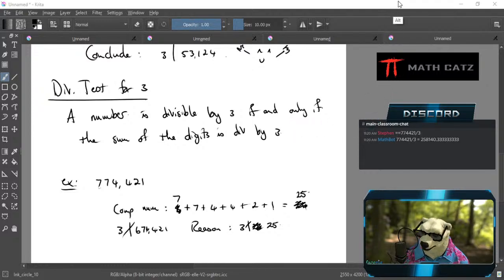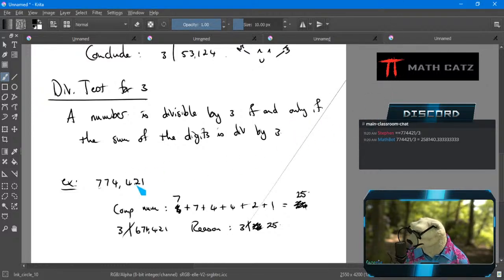It's not divisible. So even though sometimes the last two digits or the last three digits will be divisible by 3, the number may or may not be divisible by 3, meaning that that is not how I test this at all. The way 4 and 8 work is completely different to how 3 works, which is interesting and something to explore in itself if you happen to be interested.